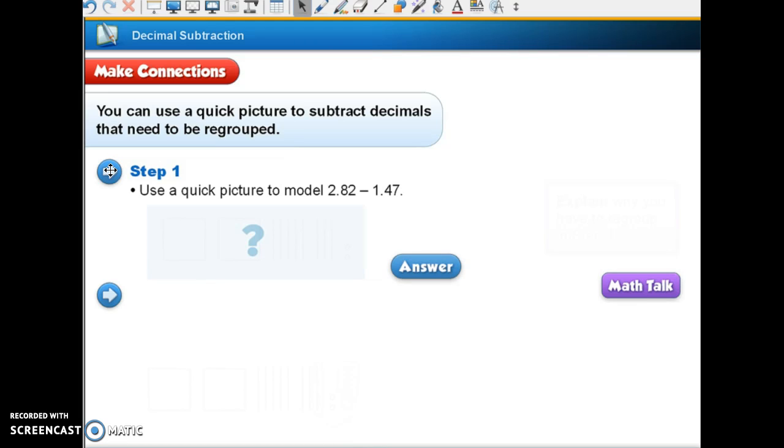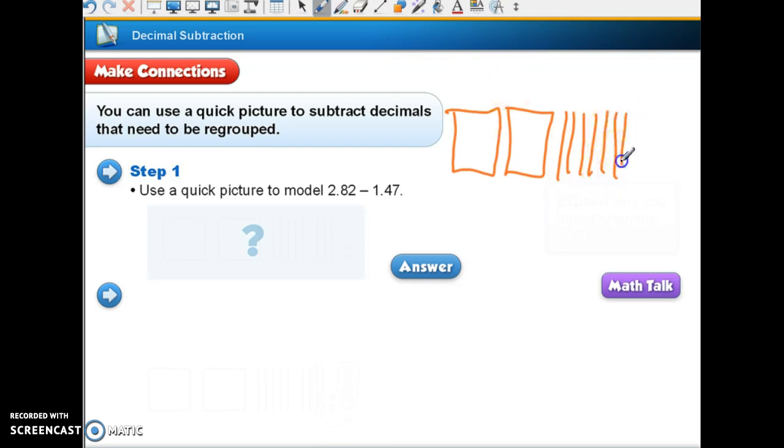So you have a quick picture there. 2 and 82. Okay, so if I'm going to subtract that, can I take 2 hundredths minus 7 hundredths? No, I can't. So I'm going to cross out one of my tenths, and I'm going to make 10 hundredths here.